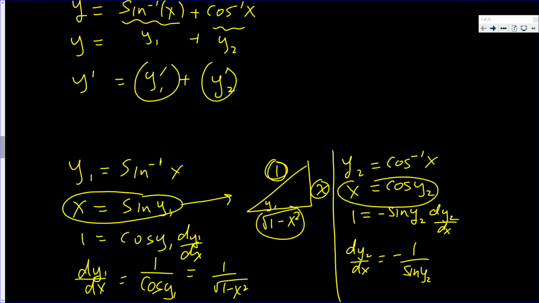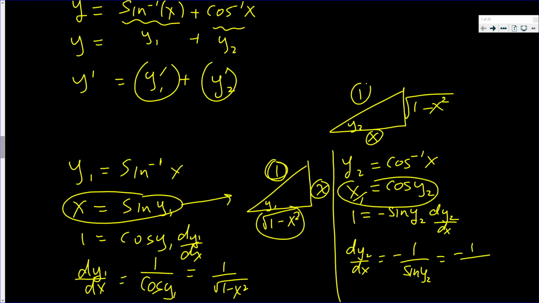Using this here and understanding that x is being divided by 1, the cosine of y2 is adjacent over hypotenuse. This squared minus that squared goes on this side, but with a square root sign. So we get negative 1 over. Now the sine of y2 is opposite over hypotenuse, which in this case is just the opposite.